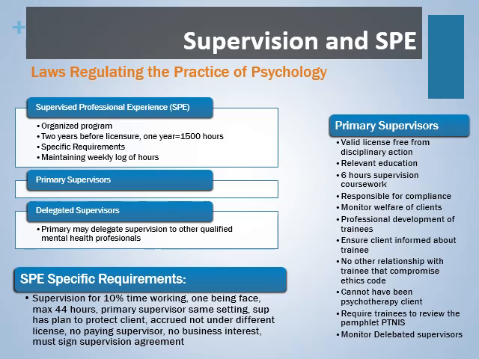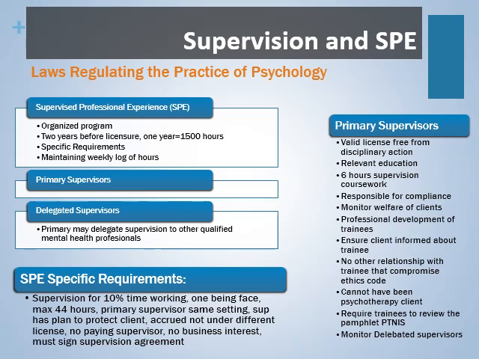Patient notification. So, do the patients need to know that they aren't seeing someone who's licensed? Yes. And who is responsible for that? Well, the primary supervisor is responsible for informing each patient prior to the rendering of services.